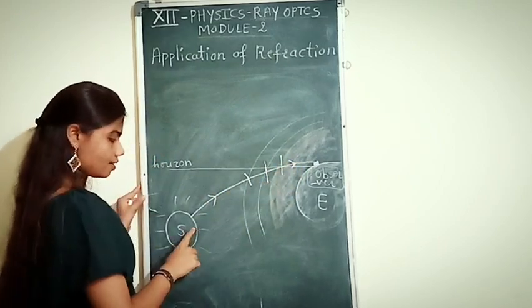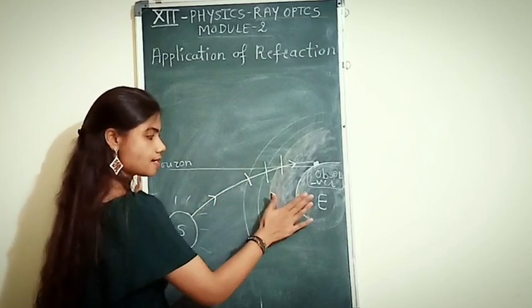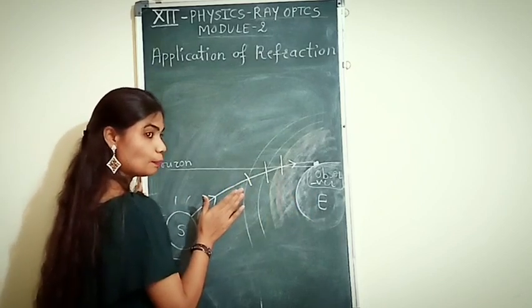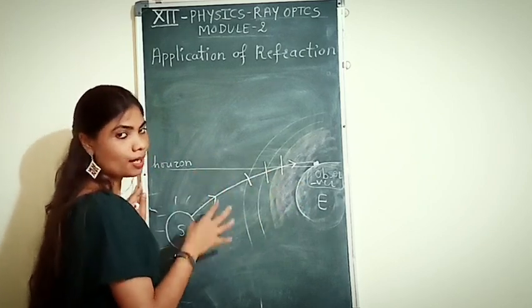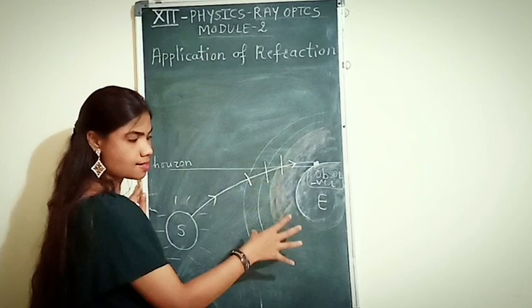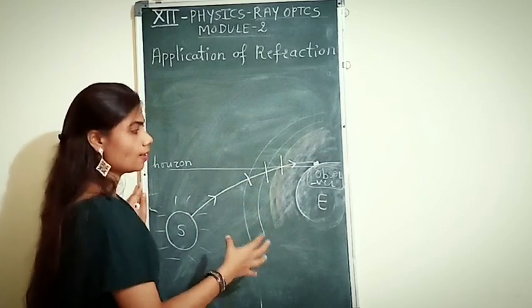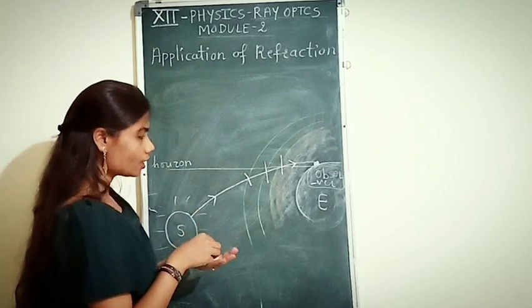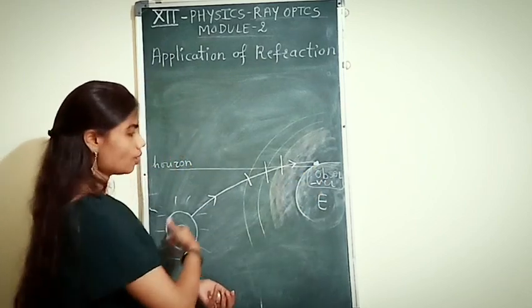How? As it is traveling from rarer medium to denser medium, it will bend towards the normal, and thereby it will reach the eye of an observer in a curvical path.